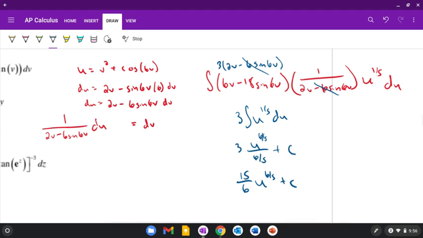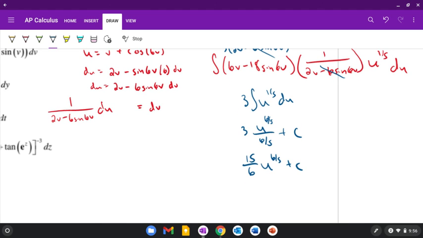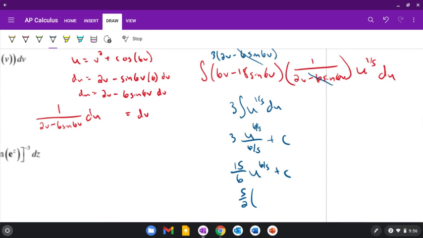That can be reduced to 5 over 2. So 5 over 2. And then replace our u with what u was. That was v squared plus cosine of 6v to the 6/5 power plus c.